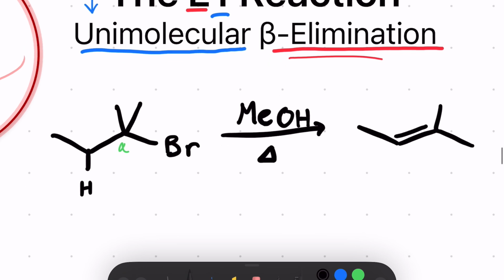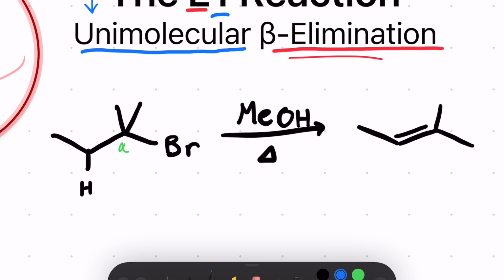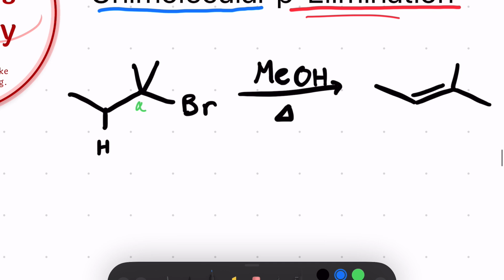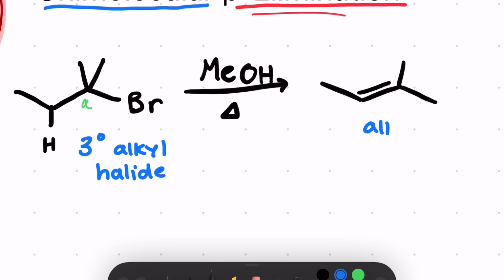Okay, so let's go ahead and analyze our reaction scheme here. We have this alkyl halide. Now I want you to think for a minute what kind of alkyl halide we're working with here. We are working with a tertiary alkyl halide. So I have this tertiary alkyl bromide, and as usual, I'm getting my alkene.